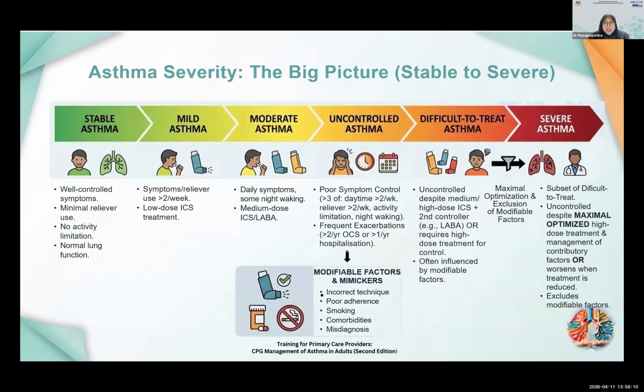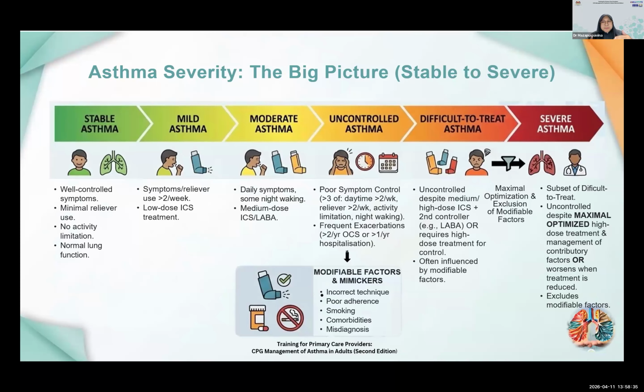Here I show you a big glance at asthma severity from stable to severe. What do we mean by stable? Stable asthma is when patients have well-controlled symptoms and use a reliever only as necessary. There is no activity limitation. The patient can exercise and swim, with a normal lung function test.